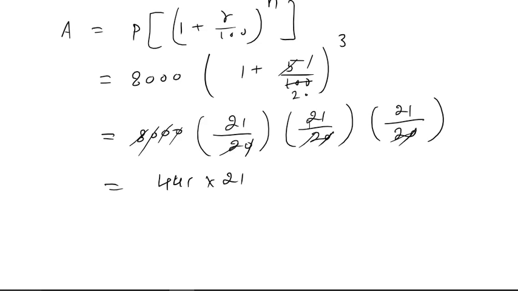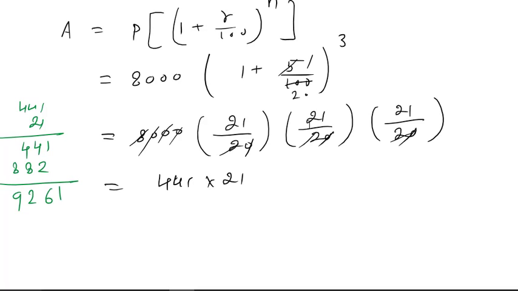So on rough sheet you will do this calculation. You multiply 441 by 21. So 1 4s are 4, 1 4s are 4, 2 1s are 2, 2 4s are 8, 2 4s are 8. This is 8, this is 6, this is 2, this is 9.